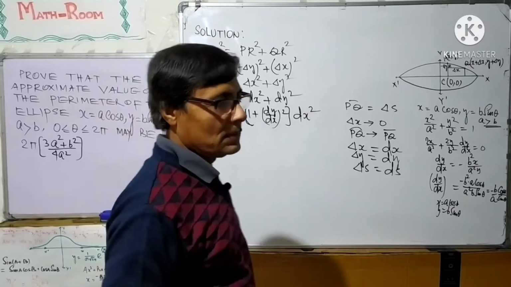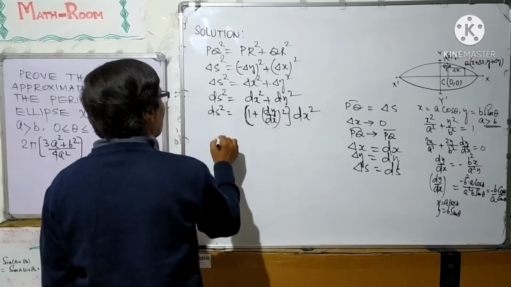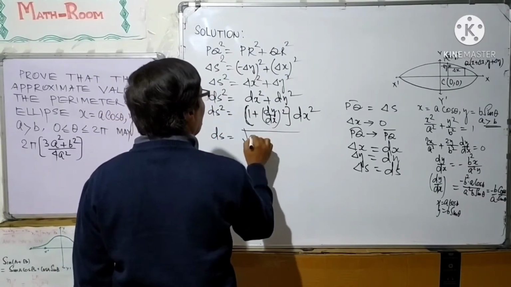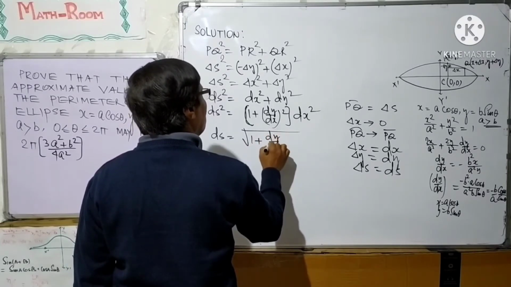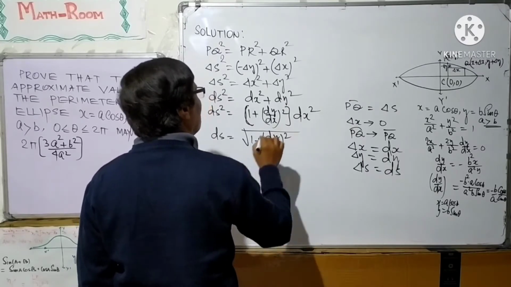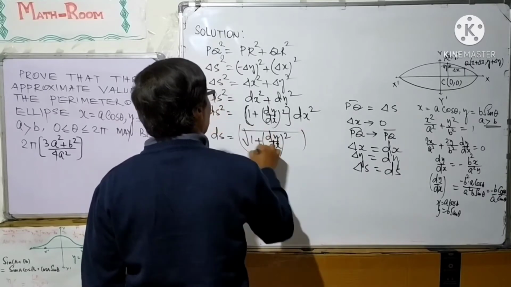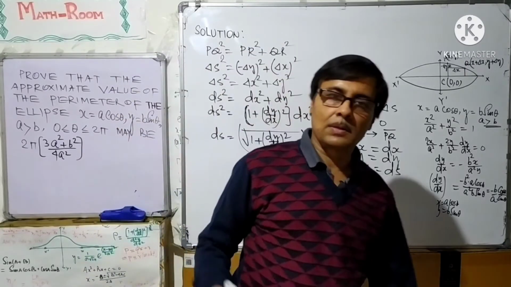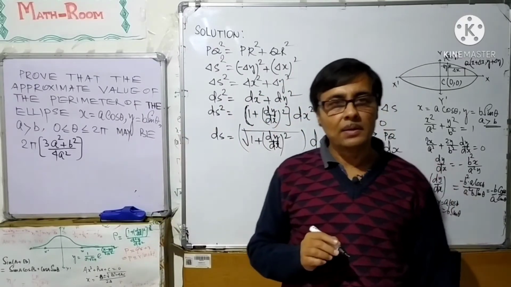So ds equal to root over of 1 plus (dy by dx) whole square, into dx. This is the relation among the differentials dy, ds and dx.